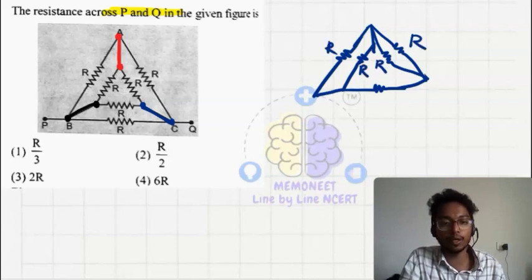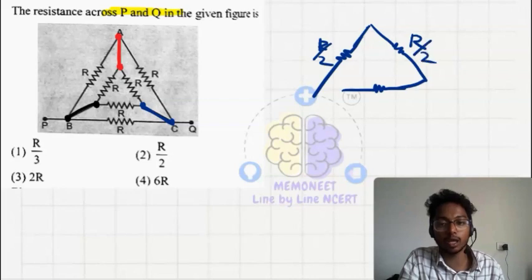So in the parallel condition, what will it be? It will be R by 2. Okay, it will be R by 2. If I take these two resistors, what will be their equivalent resistance? R by 2, as I said in the previous question. Okay, so how can I draw here? I will just remove this, and I will just write it as R by 2, R by 2, and this also R by 2.